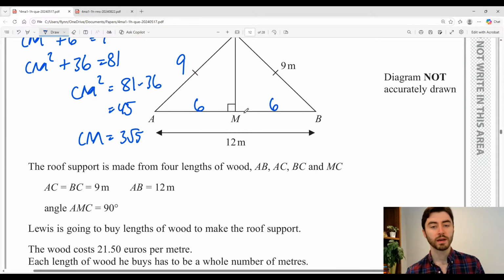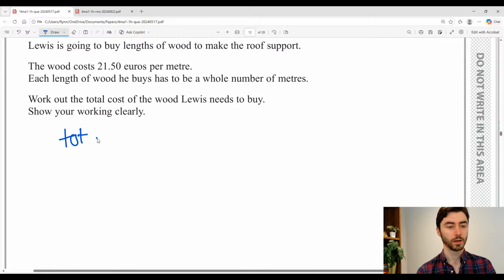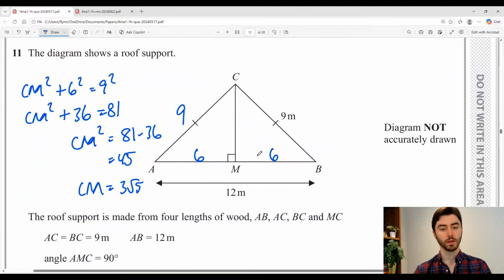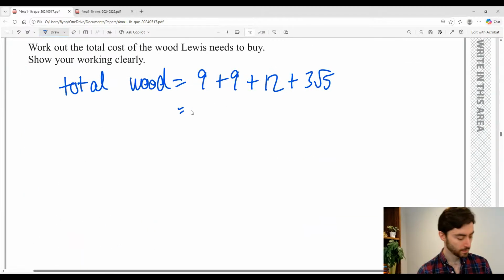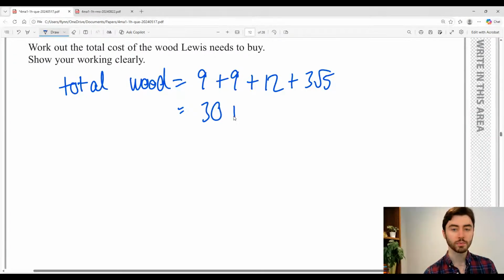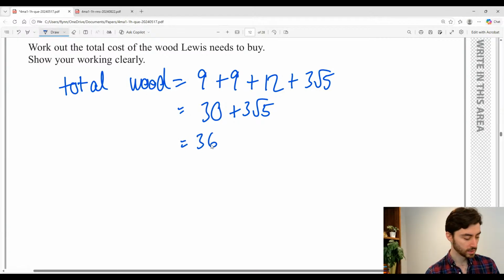And so the total amount of wood is going to be given by the 9 plus the 9 plus the 12 plus that 3 root 5. Well, 9 plus 9 is 18, plus 12 is going to give me 30. So that's 30 plus 3 root 5, which is 36.7 meters.